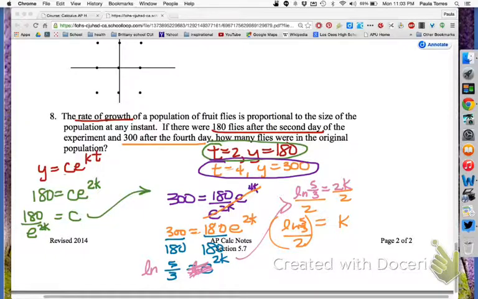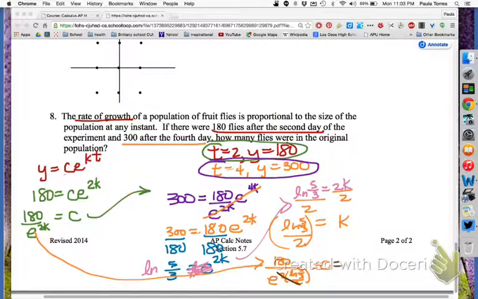And now substituting that back in, I'm going to use this version. So I have 180 over e to the 2, and now it's going to be natural log of 5/3 over 2 is my c value, and that pair of 2's at least will cancel.